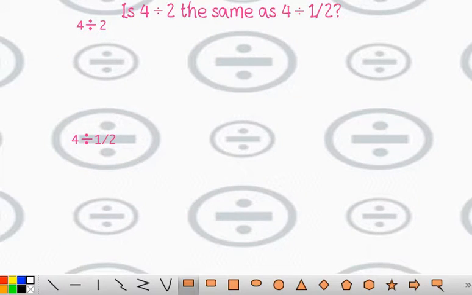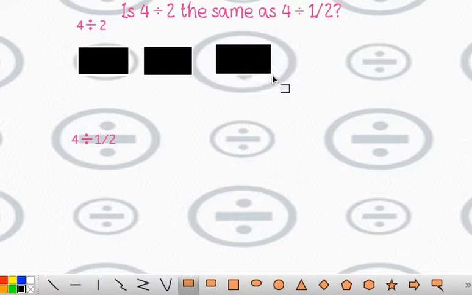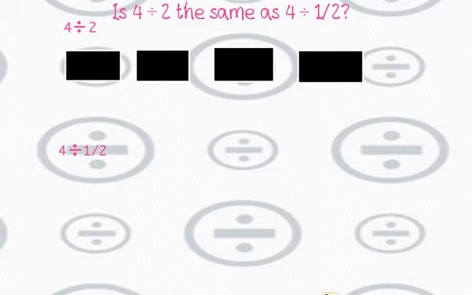I'm going to use my sketcher here. So I have 1, 2, 3, 4.